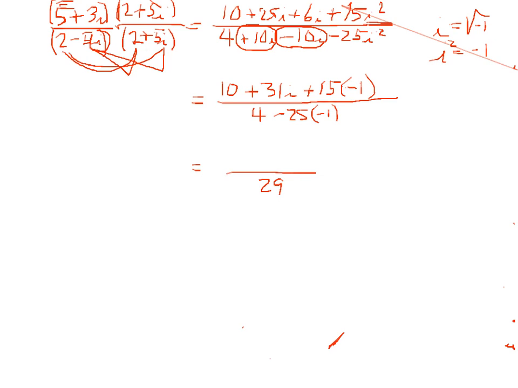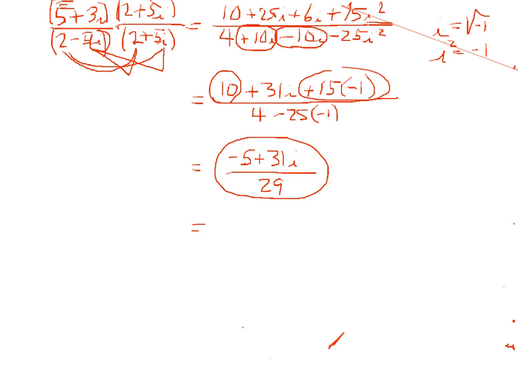So I'm not exactly sure the last thing I said, but hopefully you'll see here we've got a 10 and a minus 15, which will add up to a minus 5. And then we've got the 31i. So here is, well, it's not our final answer as far as I'm concerned, but this is what most books will show you.